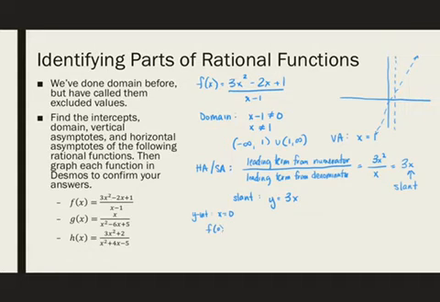So f of 0 is 3 times 0 minus 2 times 0 plus 1 over 0 minus 1, which is 1 over negative 1 or negative 1. So this is going to cross at 0, negative 1, which is about here. It should be below that asymptote. I didn't draw it very well.